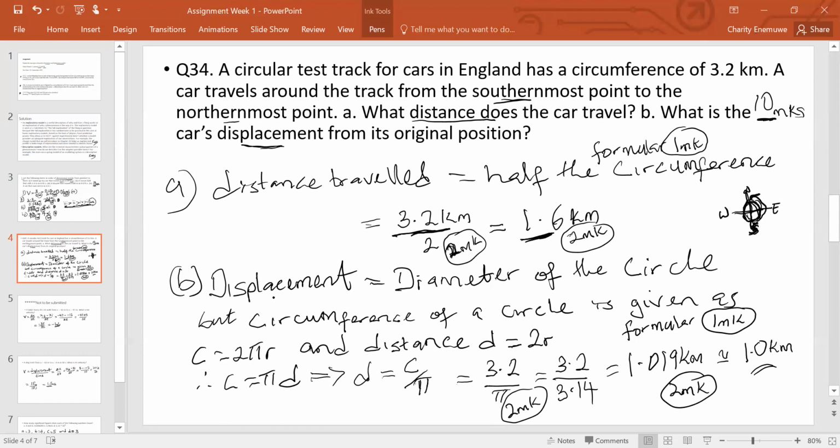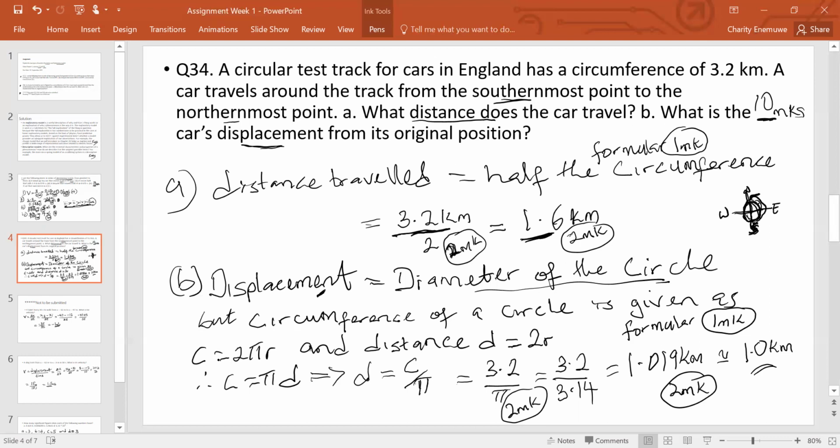So the second one says we should look for the displacement, which is the diameter in this case of the circle. All right. So because we have information about the circumference, we want to obtain the displacement, which is the diameter of that circle from the information supplied.